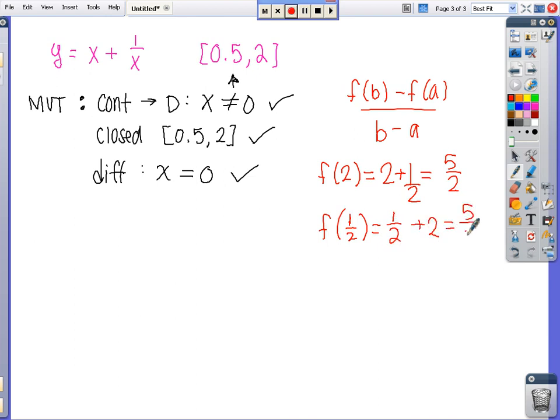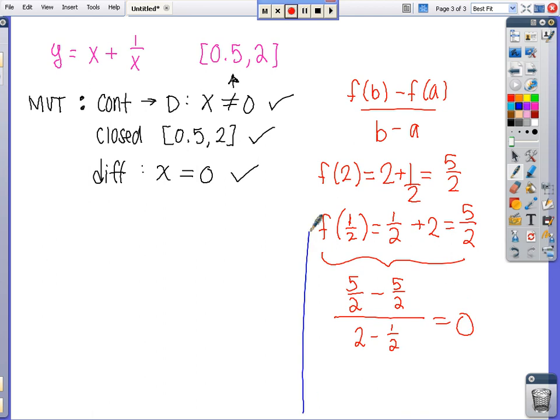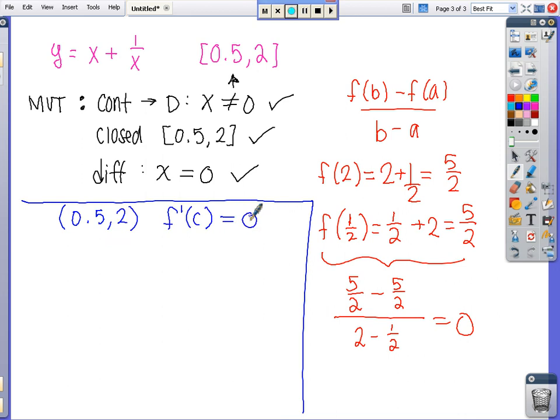So you have 5 halves minus 5 halves over 2 minus a half equals 0. What that means for us is I am guaranteed that within 0.5 to 2, f prime of some value c will definitely be 0. Let's see if I did this correctly. 2 plus a half is 5/2, and then 1/2 plus 2 is 5/2.